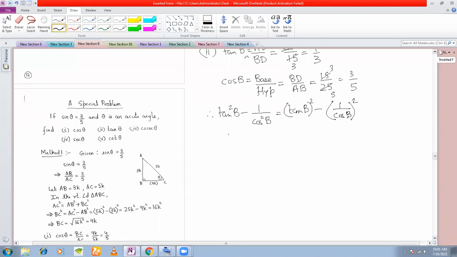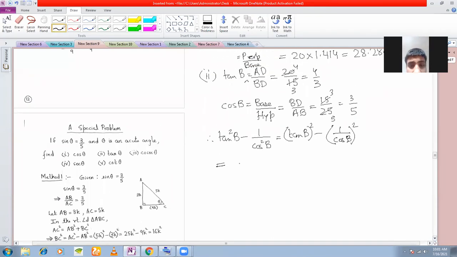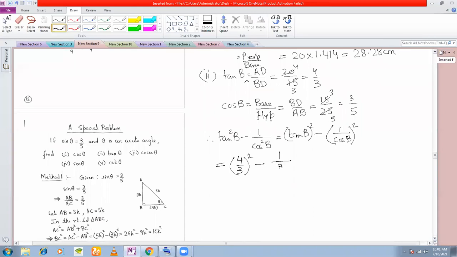So tan B here is 4 by 3 square, minus 1 by cos B, which is 5 by 3 square. So this is 4 by 3 whole square minus 5 by 3 whole square.